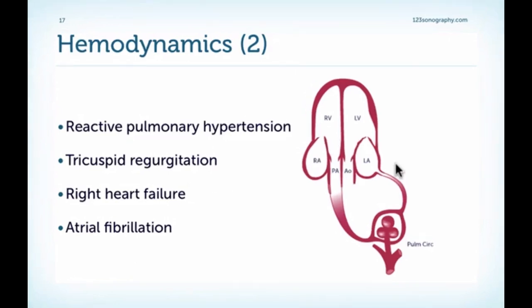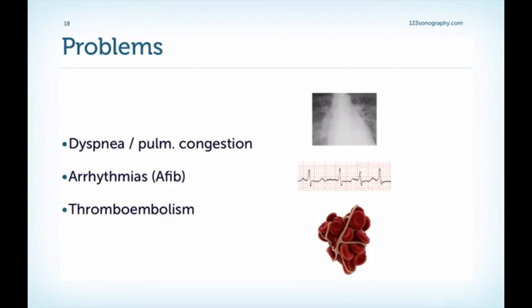Because patients with mitral stenosis, as you will see, often have large atria, and because the pressure in the left atrium is usually increased, we not infrequently also see atrial fibrillation. So, patients with mitral stenosis can develop a number of different problems, which range from dyspnea all the way to pulmonary congestion and pulmonary edema, to arrhythmias, in particular, as already mentioned, atrial fibrillation, and thromboembolism, because we often see slow flow phenomena in the left atrium.